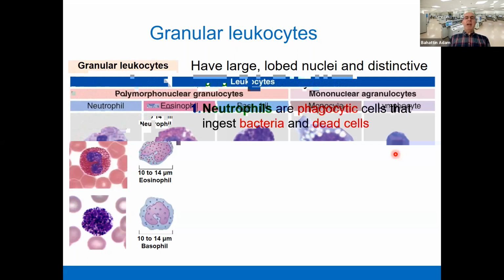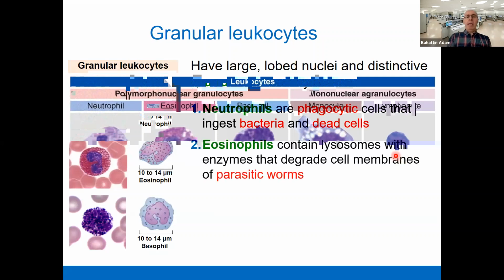Neutrophils are phagocytic cells that ingest bacteria, dead cells, and debris. Eosinophils contain lysosomes with enzymes that degrade the cell membrane of parasitic worms.